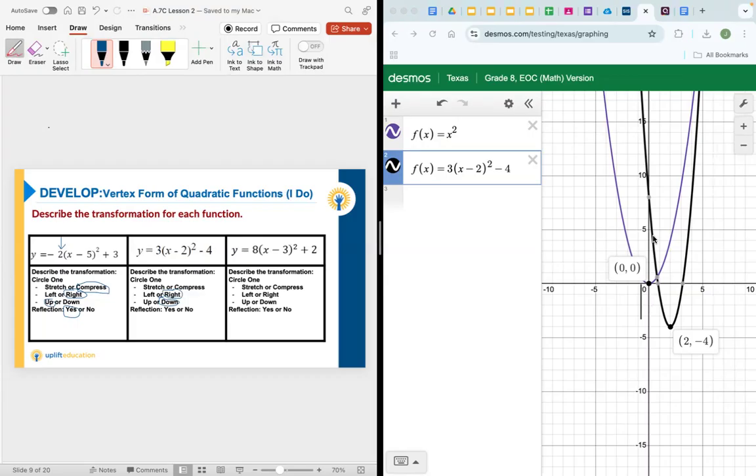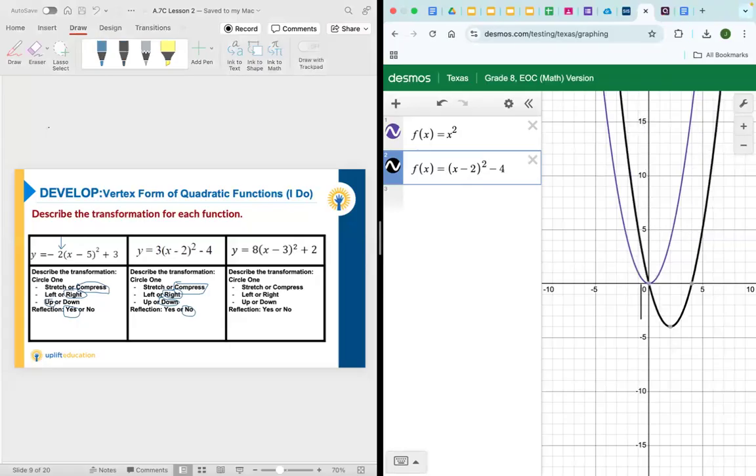Notice I did get skinnier, so that means we compressed. Reflection. I'm still happy, so I have a happy face and I stayed a happy face. So no, there's no reflection here. That's the easiest way to think about a reflection. Did the face change? Did we go from happy to sad, or did we stay happy?